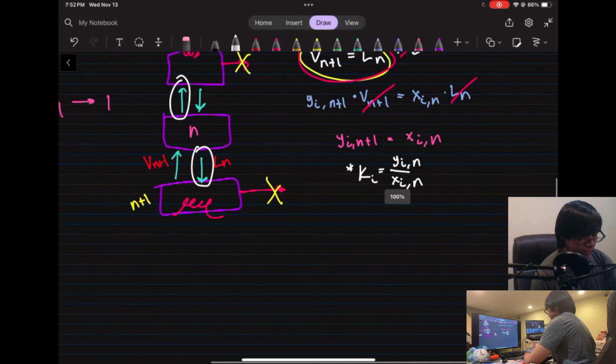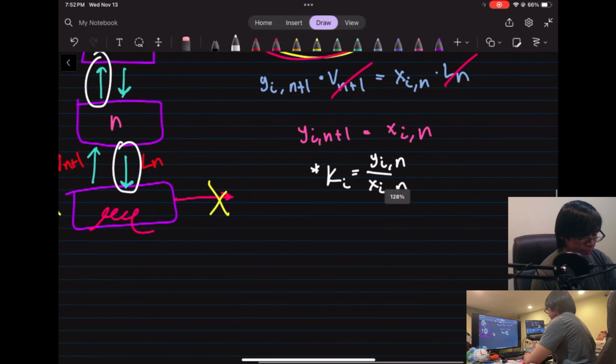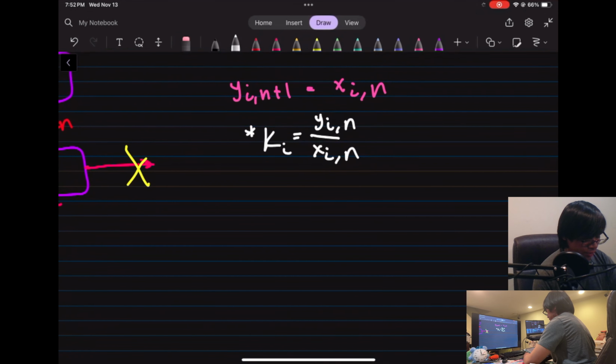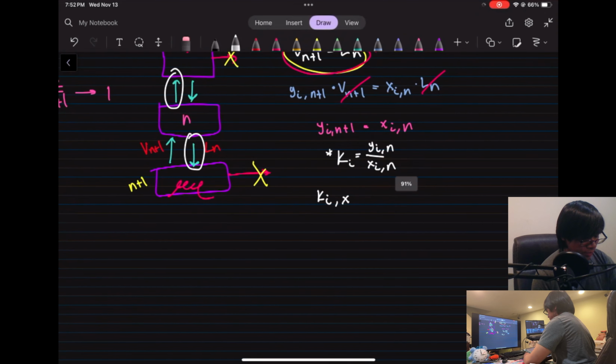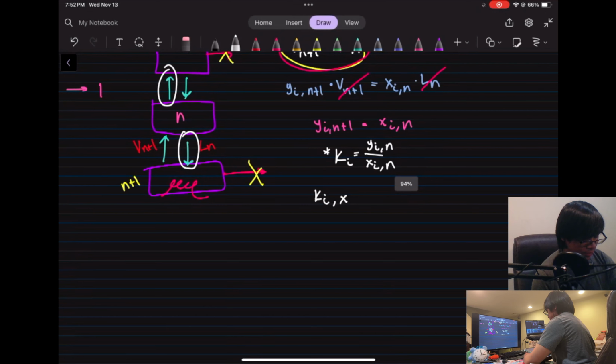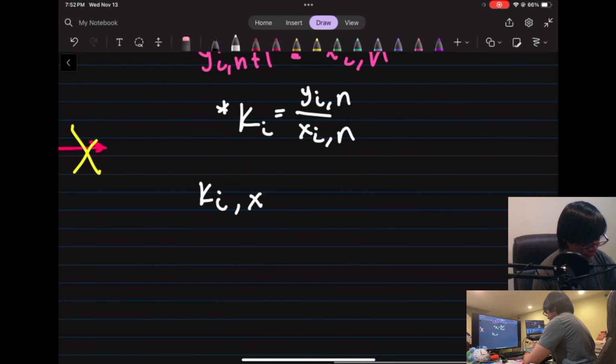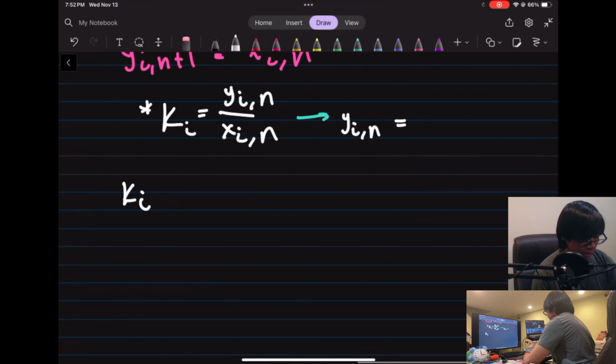Am I writing this correctly? Okay. So it would be Ki at x. Yeah, it should be Ki, so if we substitute it over, the vapor mole fraction yi at the current stage is equal to the partition coefficient Ki times xi.